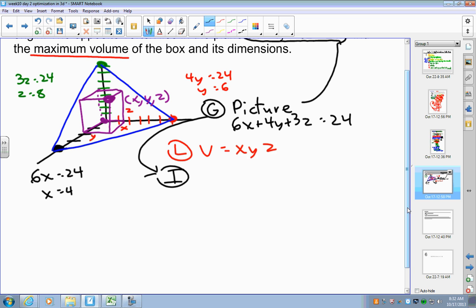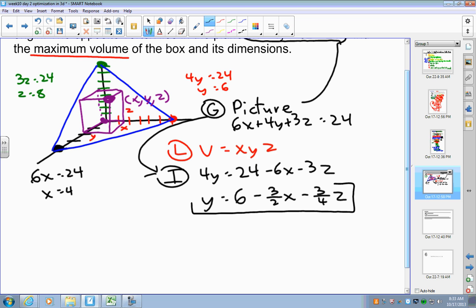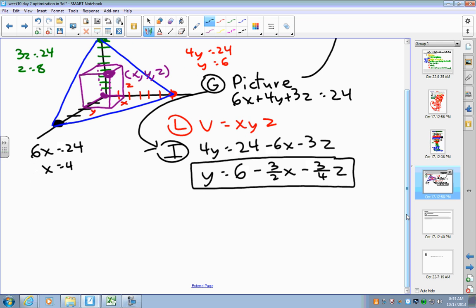Let's solve for the y again. So 4y equals 24 minus 6x minus 3z. So y equals 6 minus 3 over 2 x minus 3 over 4 z. And again, I promise you, it didn't matter which variable you solved for. Okay.